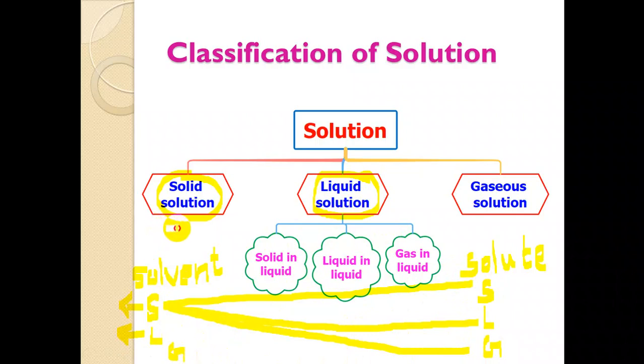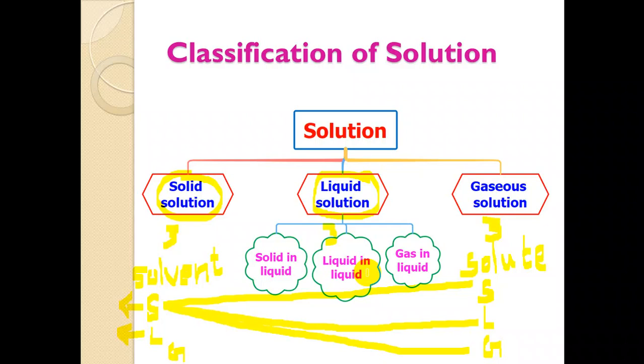So in solid solution we can have three different types, in liquid solution three different types, and in gaseous solution also three different types. So totally the combinations give 9 different types of solutions. The best example for gaseous solution is air, which is a mixture of nitrogen, oxygen and carbon dioxide.